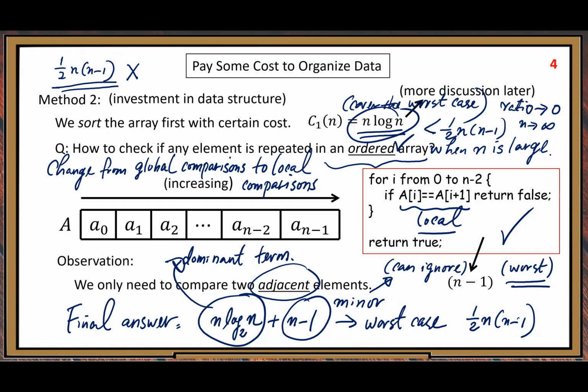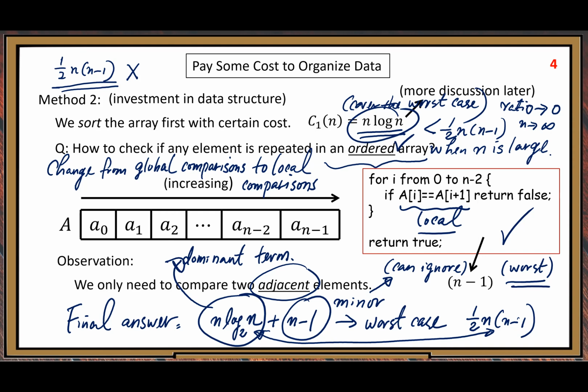So we just compare these two expressions. You may ask me why we can ignore the minor term, after we have the dominant term, when we do comparisons.